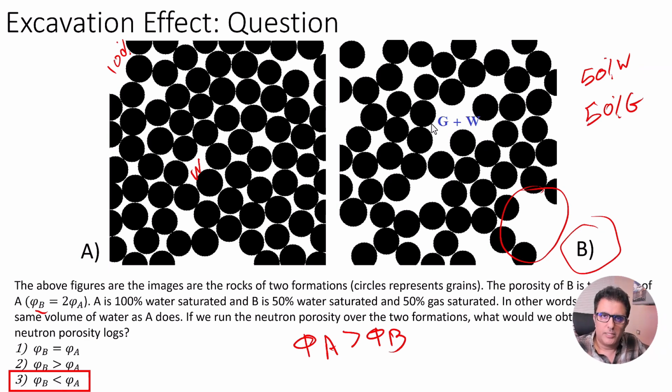But here is the problem. There is a huge space between two gas molecules, and as a result, although gas molecules are composed of hydrogen, they cannot attenuate neutrons that effectively.